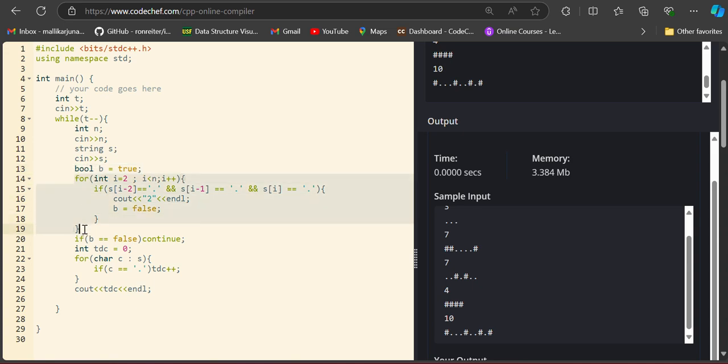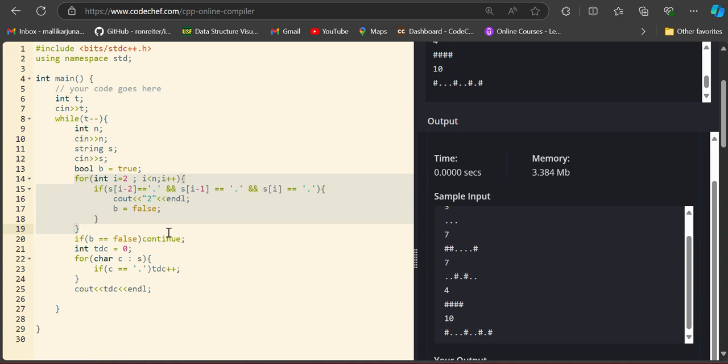This boolean value is used for that condition. So for i from start to less than n. Okay. So this count to 2 and b false. If b is equal to false, you have to continue to another condition. You don't need to print this.